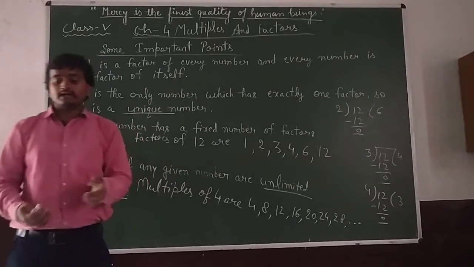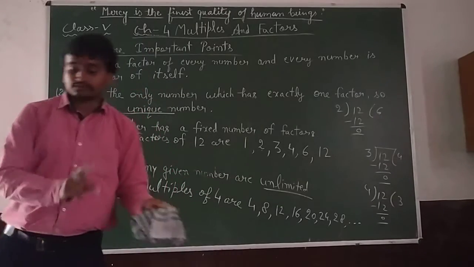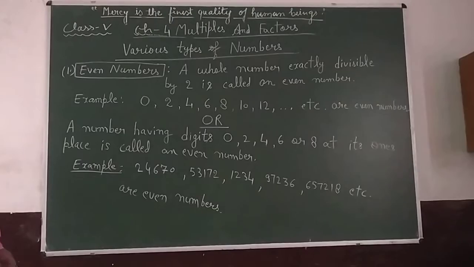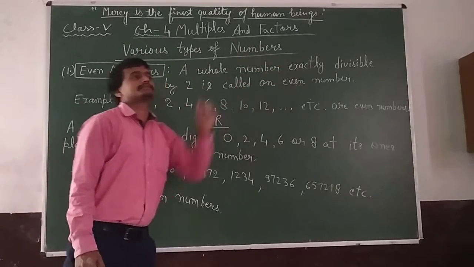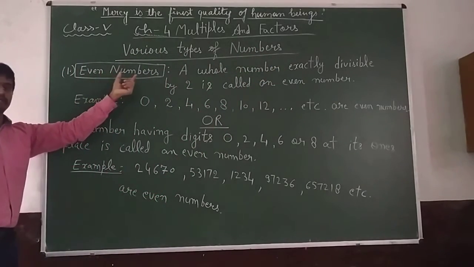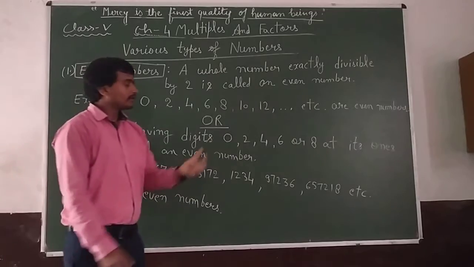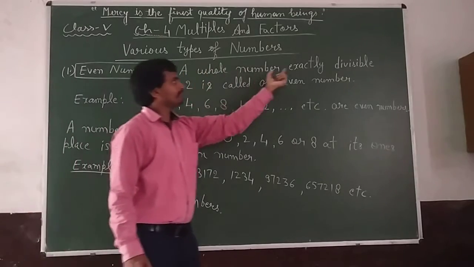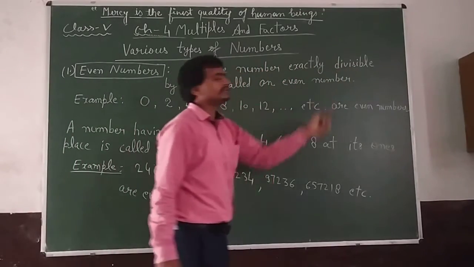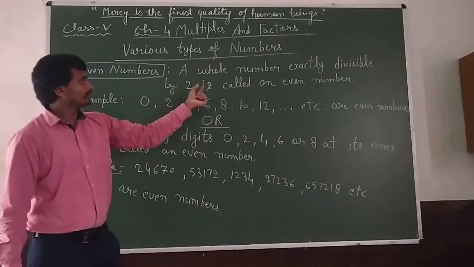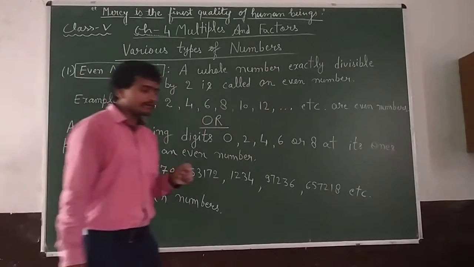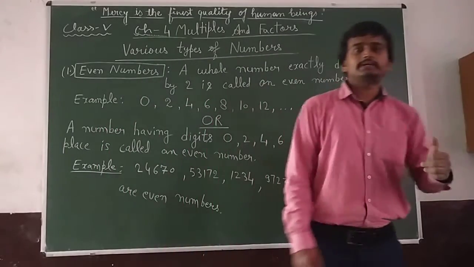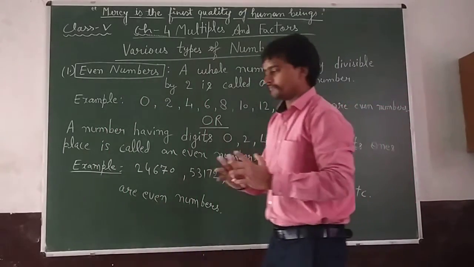Now, we will learn some various types of numbers. First one is even numbers. A whole number exactly divisible by 2 is called an even number. What are whole numbers? Whole numbers start from 0.